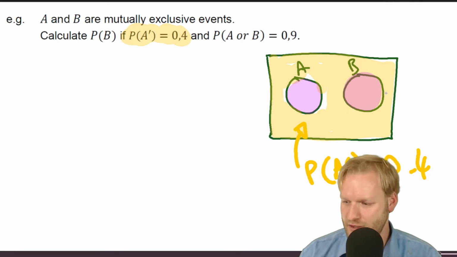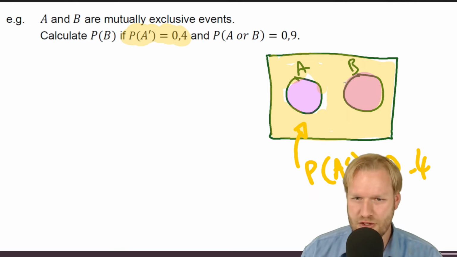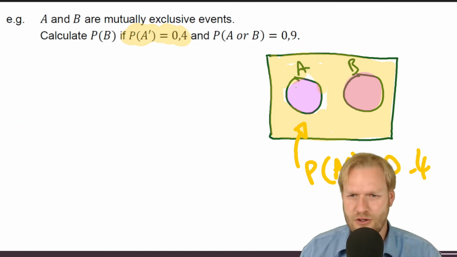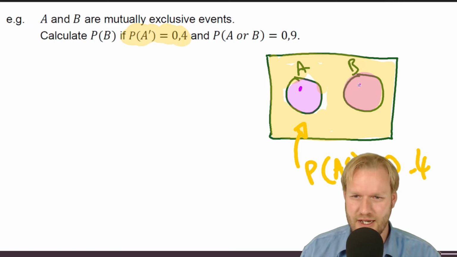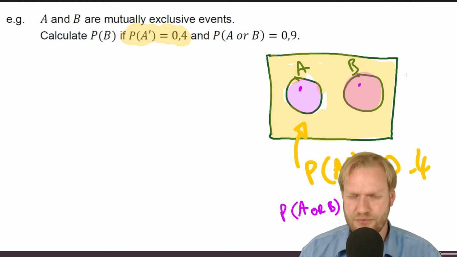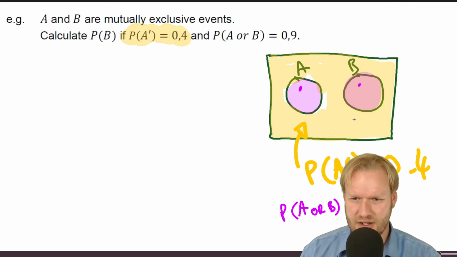So we've already got 0,9. If the probability of those two things is 0,9, so this bit here and that bit there, P(A or B) is 0,9, then we need to think, okay, that means this stuff that's outside is 0,1.